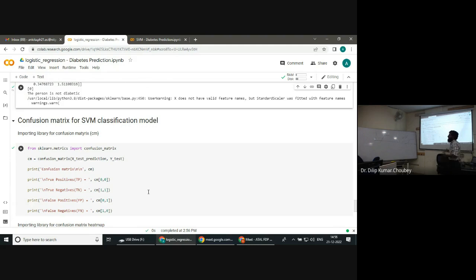insight into it. So what is a confusion matrix? A confusion matrix gives you a 2 cross 2 matrix, in this case, where it will show the number of examples that belong to class 0 and were classified as class 0. So it will be a matrix like this. Class 0, class 1.